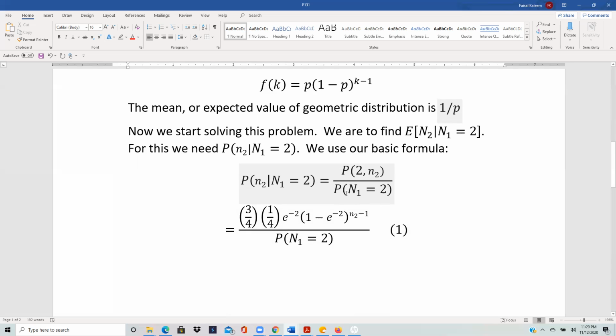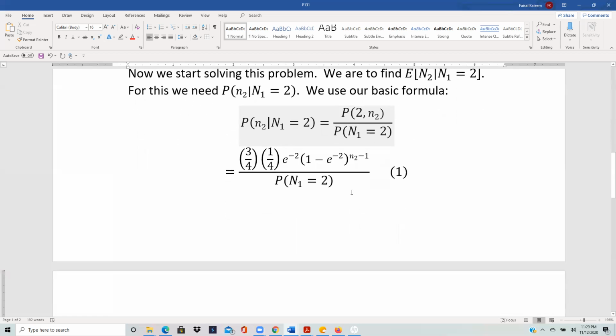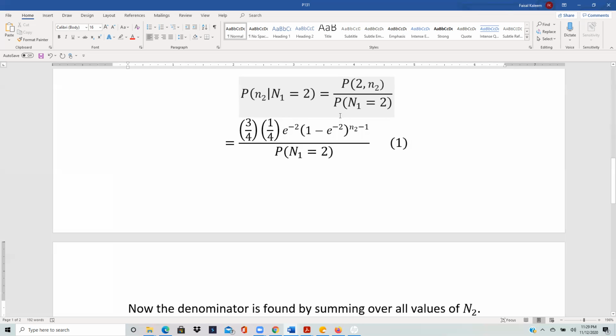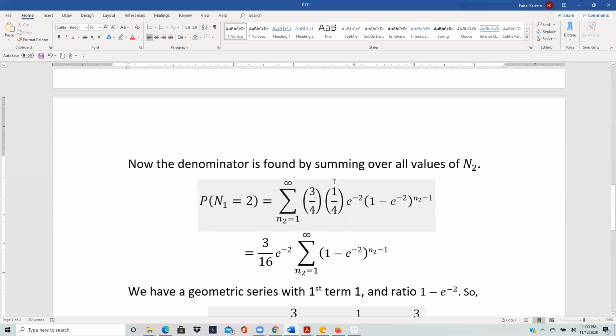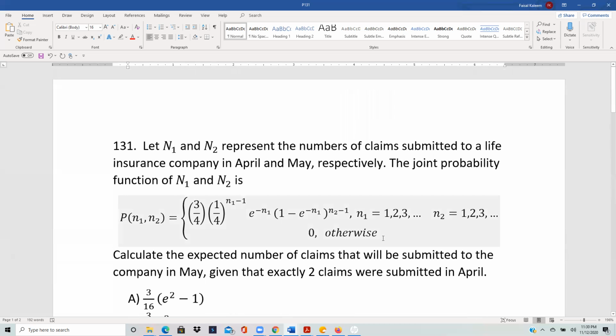So here we will sum over all the values of N2, keeping N1 equals 2. And we've already seen that when you do N1 equals 2, you get the expression in the numerator. And now this expression needs to be summed over all the values of N2, and N2 goes from 1 to 3 and so on.